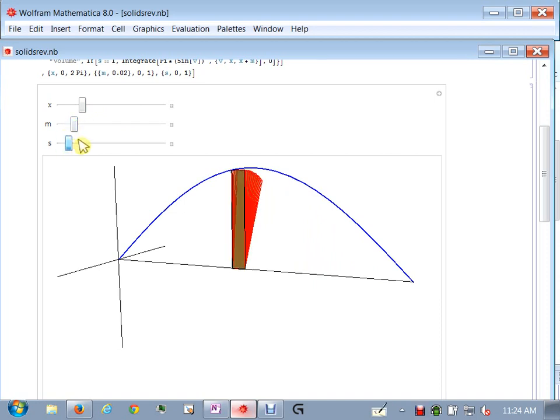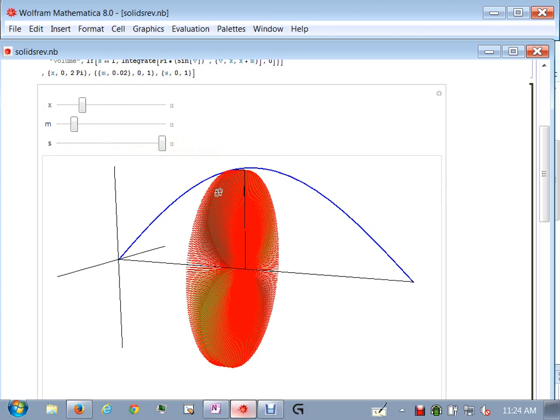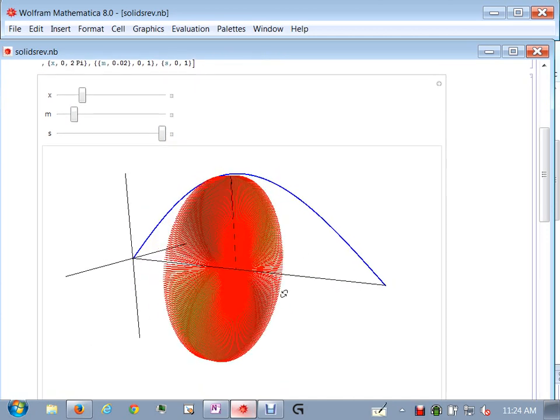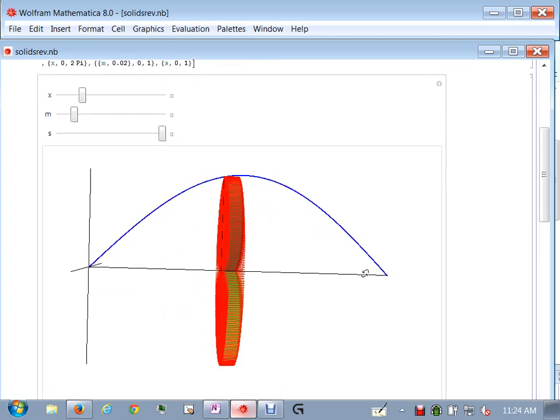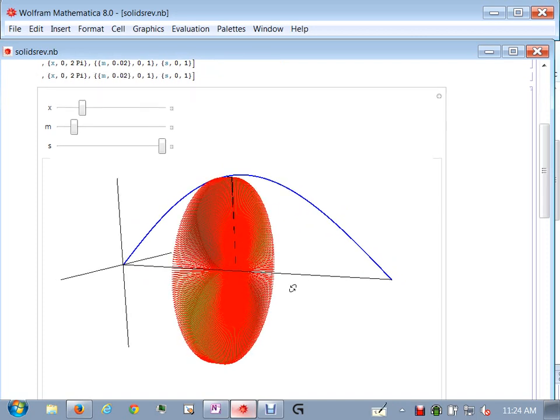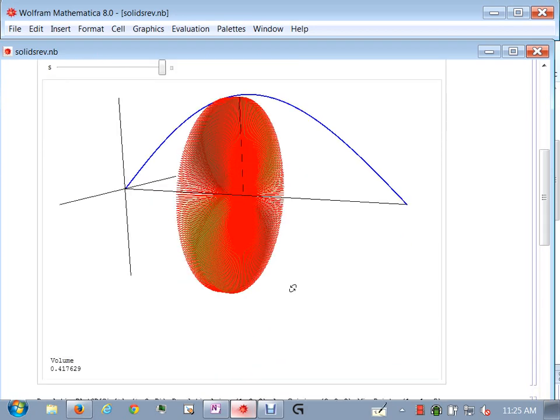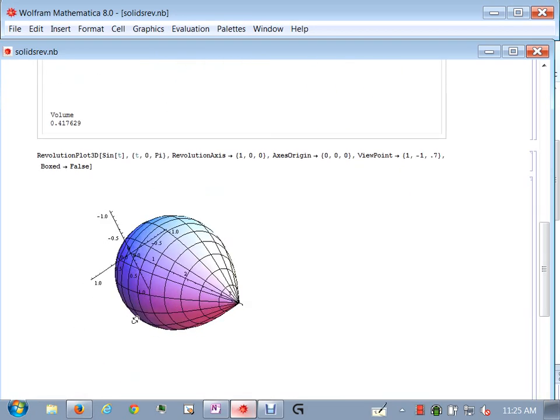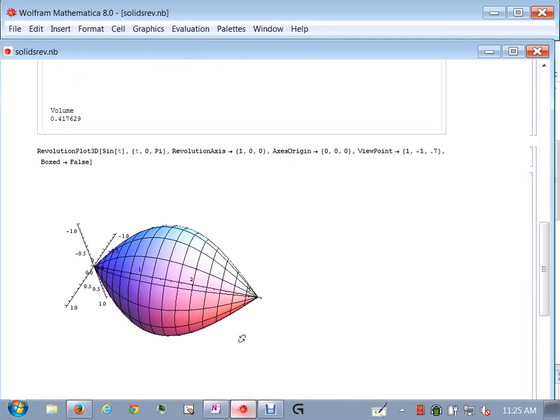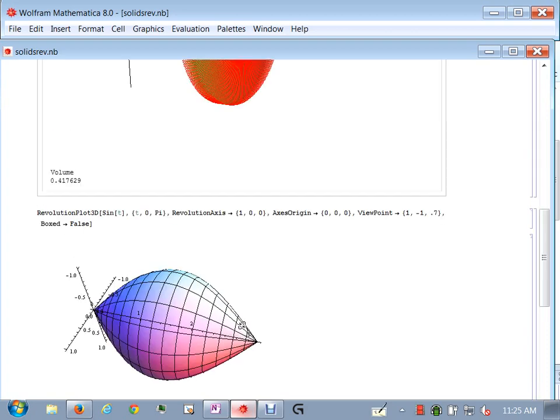And then you imagine just rotating that rectangle around the x-axis, and you get this kind of disky looking thing. But you can see there's some problems with my code because I just have it draw a bunch of rectangles. So there's gaps in between here, right? And then if you do all of those, you get your solid of revolution, which looks like a football, basically. Okay, so that's my code.